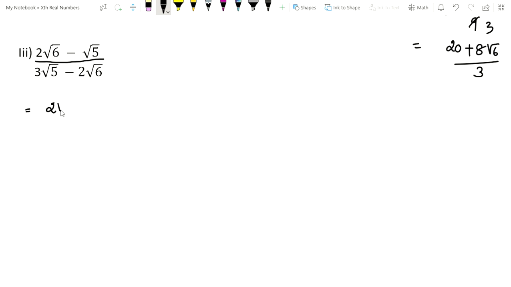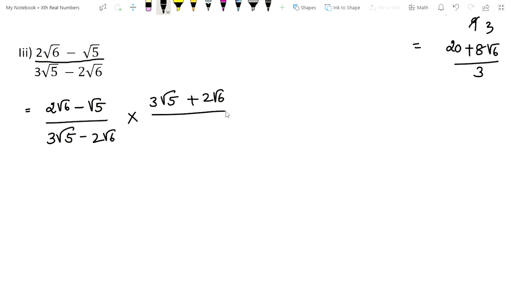So 2 root 6 minus root 5 divided by 3 root 5 minus 2 root 6, into, here minus is there, so you multiply with the plus: 3 root 5 plus 2 root 6 divided by 3 root 5 plus 2 root 6. Now multiply this.